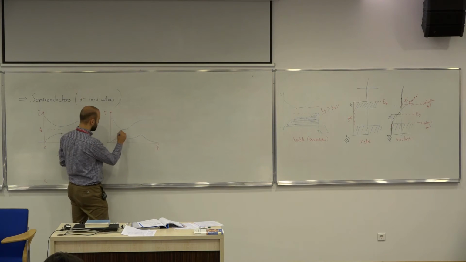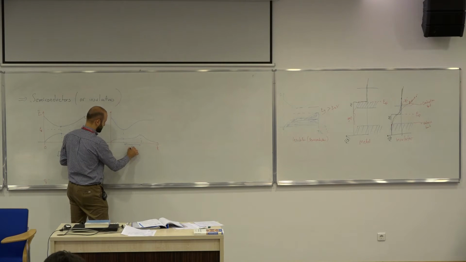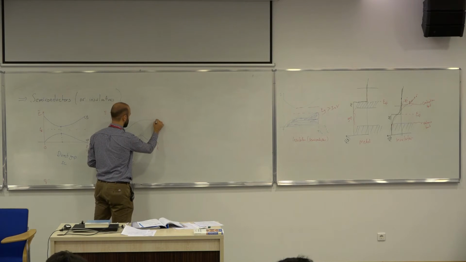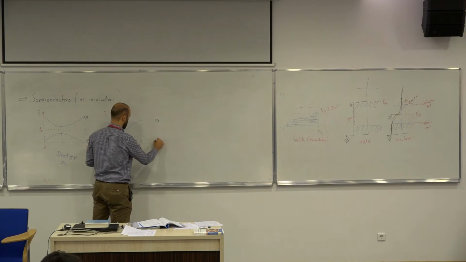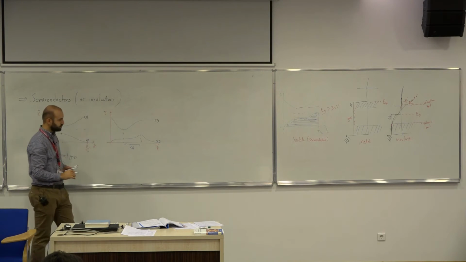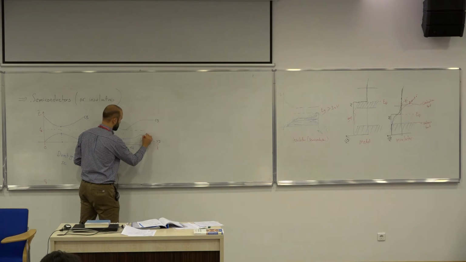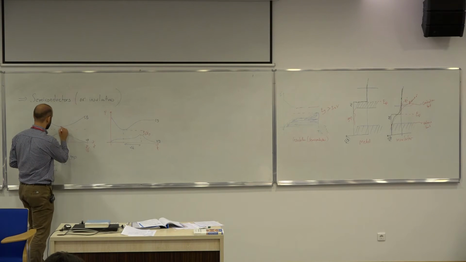So there is a delta K difference between the extremum points of the conduction band and the valence band. So the energy gap is still defined as this separation, just like in this one.